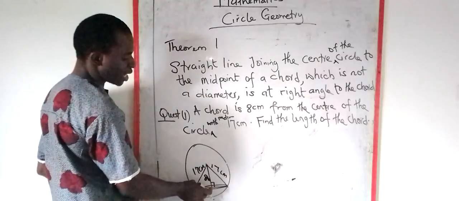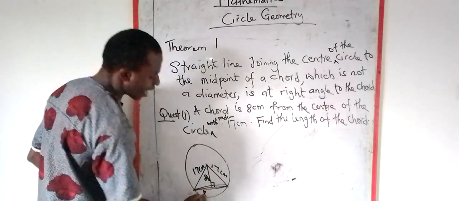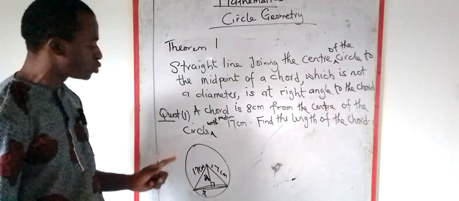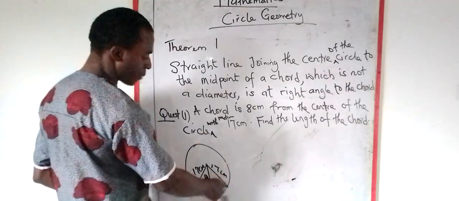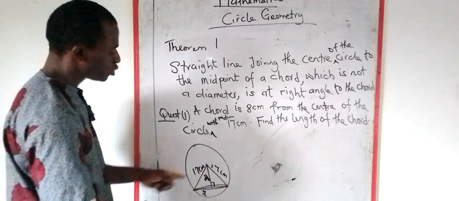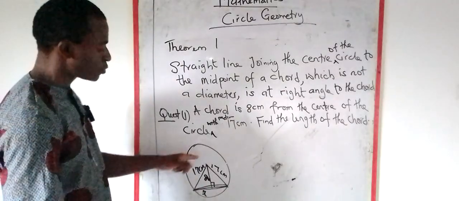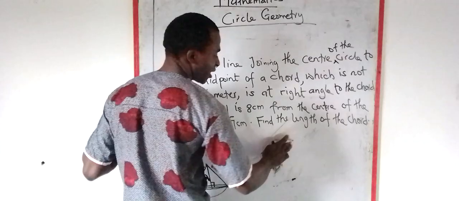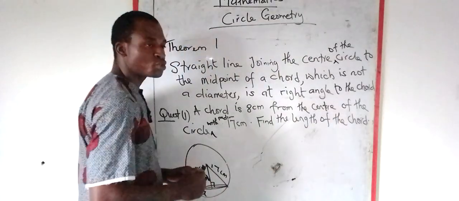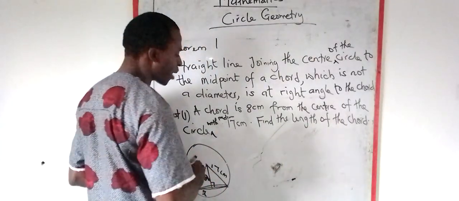So what we are going to do is label one side of the chord. The chord is divided into 2, so whenever we get one side, we are going to multiply by 2 because 2 sides make up the full chord. So let's look for one side of the chord, knowing fully well that you can use Pythagoras theorem. Don't struggle whether it's minus or plus; apply your law first.